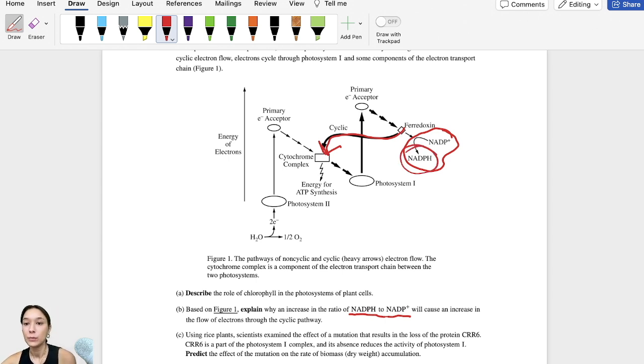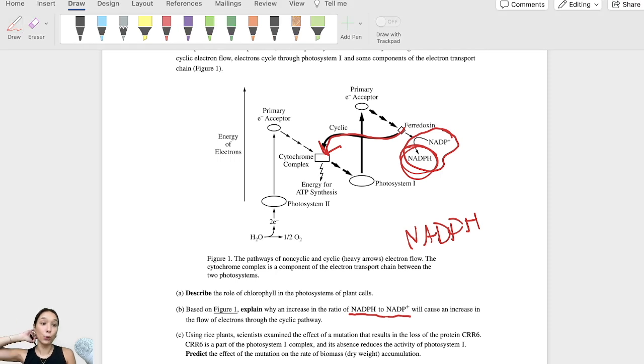Where to continue this cycle, you need to have NADP plus available, okay? So without NADP plus, you can't turn it into NADPH. If all of your NADP plus exists in the form of NADPH, again, similar to NAD with anaerobic respiration, this is fairly similar. It's like the homologous kind of process.